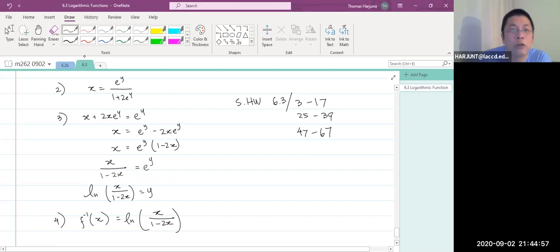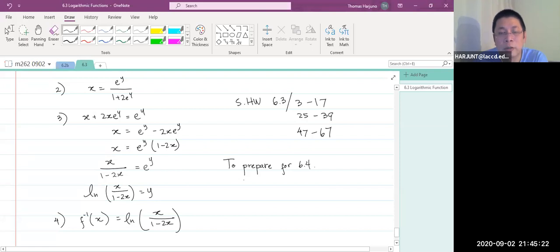Now, as an introduction to 6.4, to prepare for 6.4, actually, that's the only thing we need to do, and then everything else is just application. For 6.4, we want to find the derivative of natural log of x.